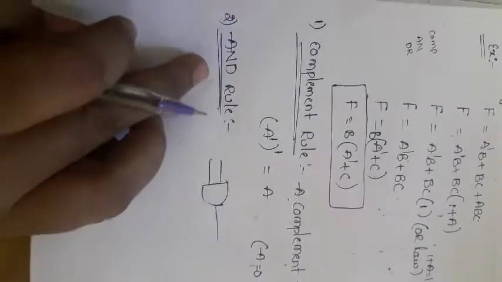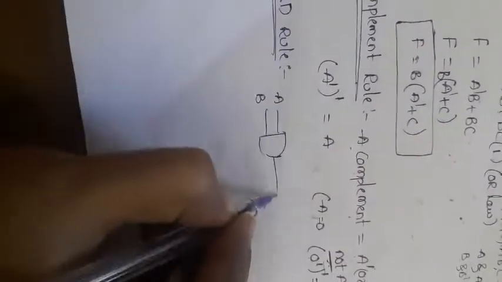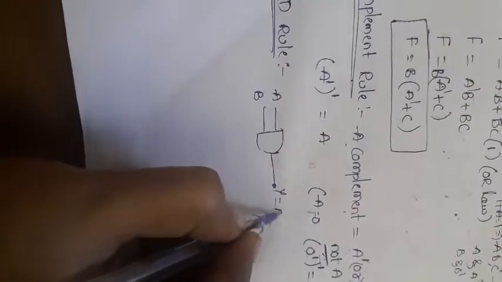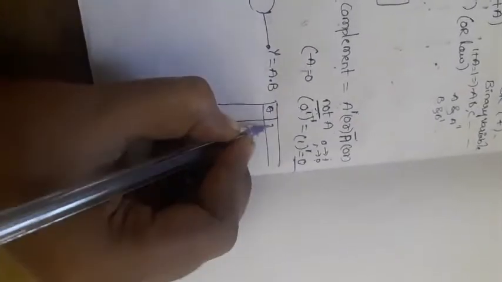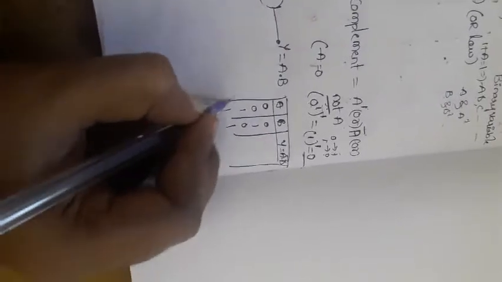I am writing here the AND gate. By using the AND gate we can implement the AND rule. Remember that point. Taking inputs a and b, y equals what? The AND operation is nothing but multiplication, a dot b. Write the truth table here: a, b, and y equals a into b. 00, 01, 10, 11.